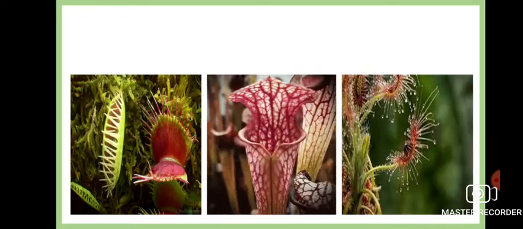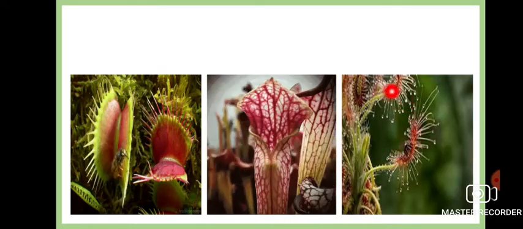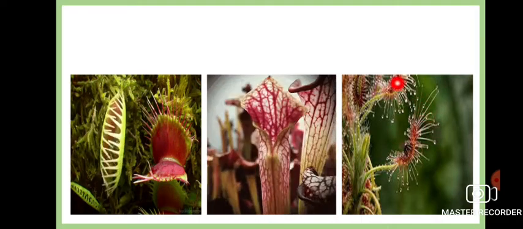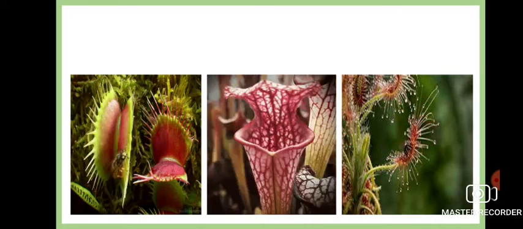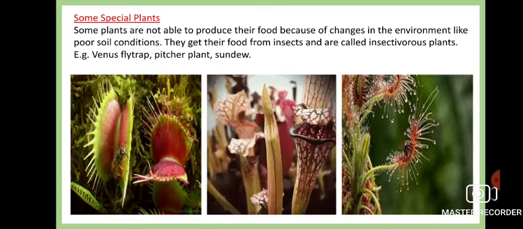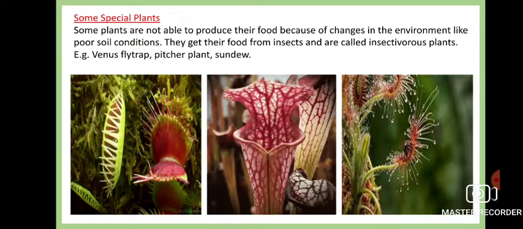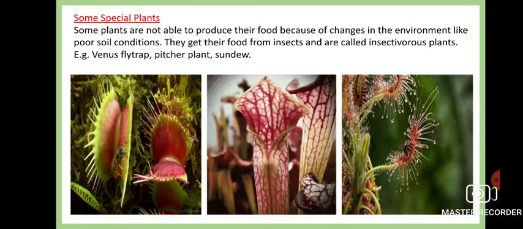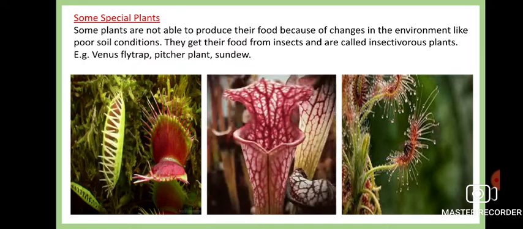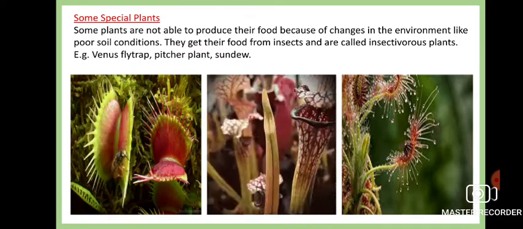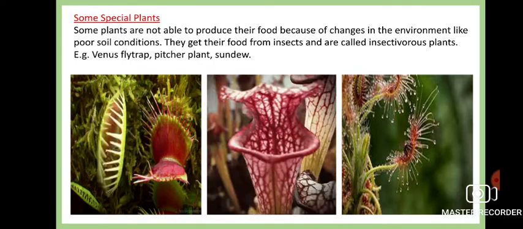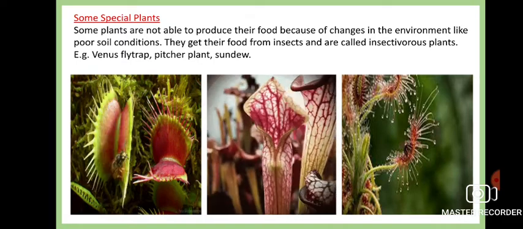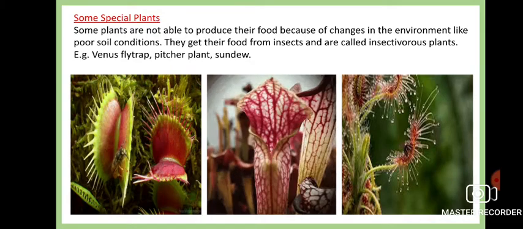Here also we can see insects sitting on the plants. So this type of plant is generally called an insectivorous plant. Here is the assemblage of two words, insectivorous: insect means insect, vorous means they eat.